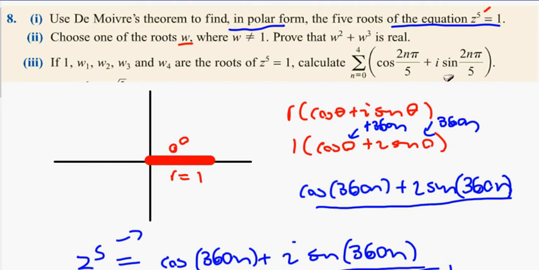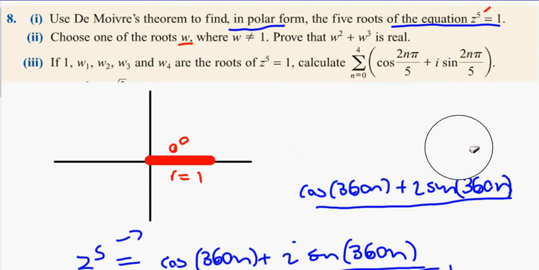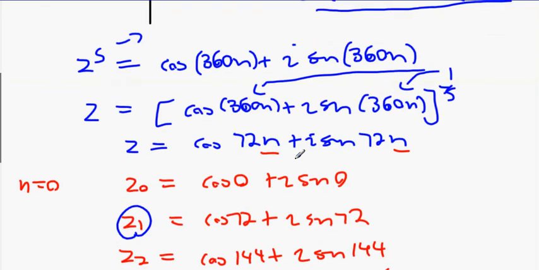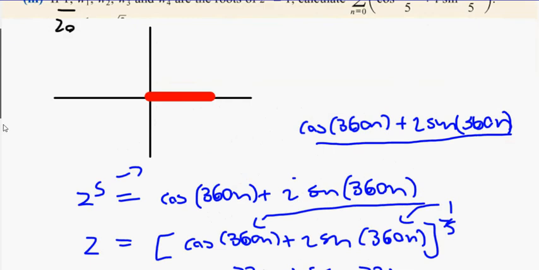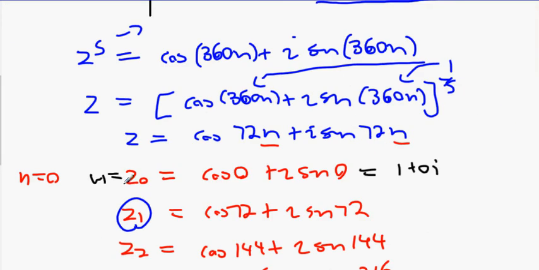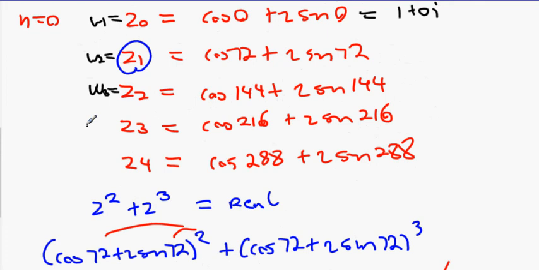Alright, so this is a really fancy way of doing what we've already done. So an example would be, these are the roots. This one here is z0. We already did that earlier, that z0 is 1 plus 0i. Then this one here is w1, this one's w2, this one is w3, and the last one is w4.